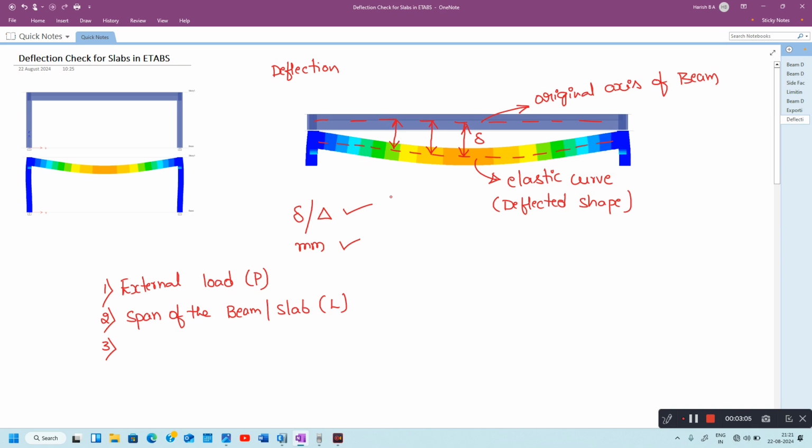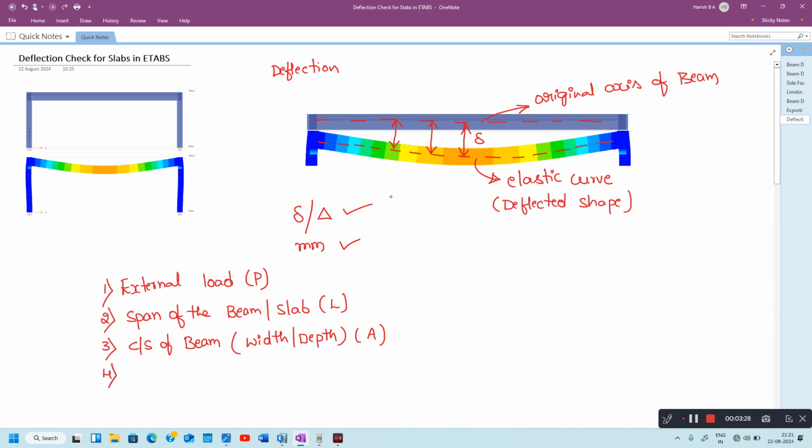Next, cross section of the beam, nothing but width and depth of the beam.